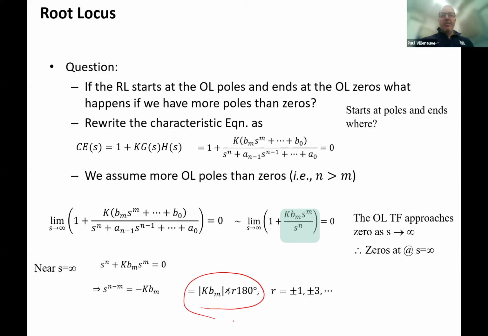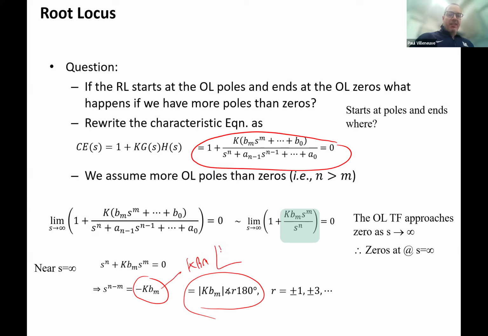The reason it needs to do that is because this characteristic equation always has to be valid, right? Over here we have this negative k times b sub m. When we pull that out, that's k b sub m, and the angle here is plus or minus 180 degrees.